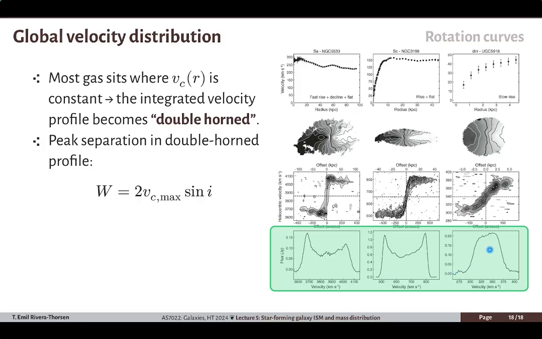So that one is much closer to the typical Gaussian profile that we would see if the majority of the gas was distributed in a thermal way rather than in a rotating disk. The peak separation in the double horn profile corresponds to the physical properties in the disk by this formula. And that means that we can also use the peak separation in this double horn profile to estimate the mass of the rotating disk.